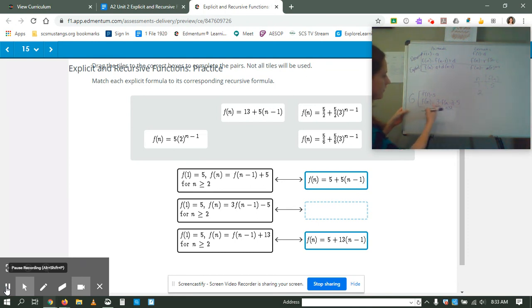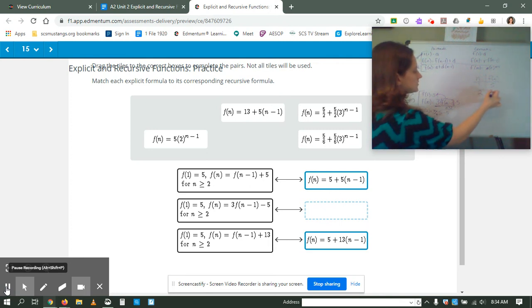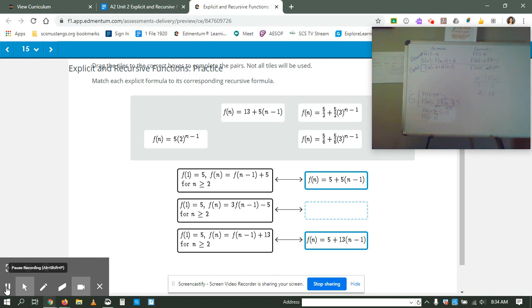If I plug it into the equation that we've got, f of 2 is going to be equal to 3 times, remember this right here means the number before it, so 3 times 5 minus 5. So f of 2 is equal to 3 times 5 is 15, minus 5 is 10. So when n is 2, f of n is going to be 10.